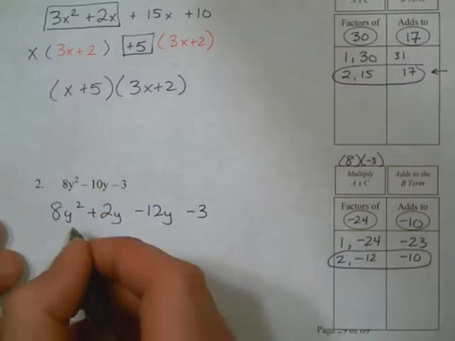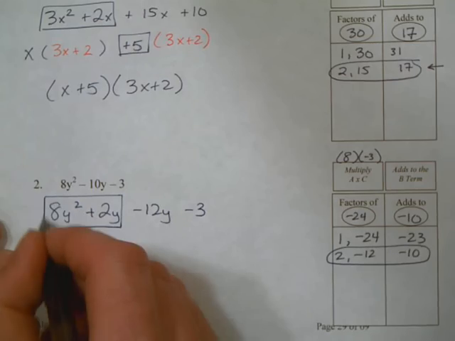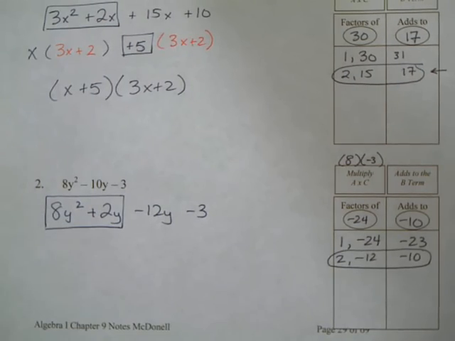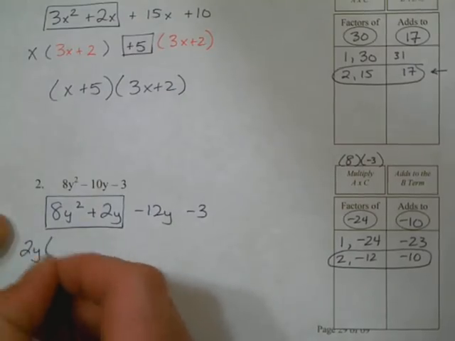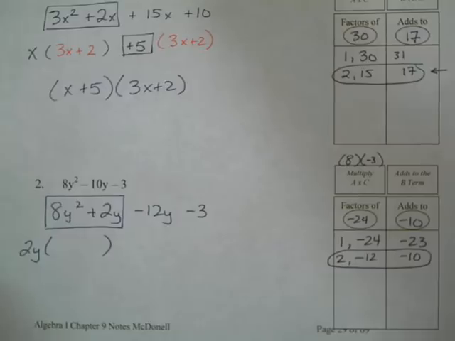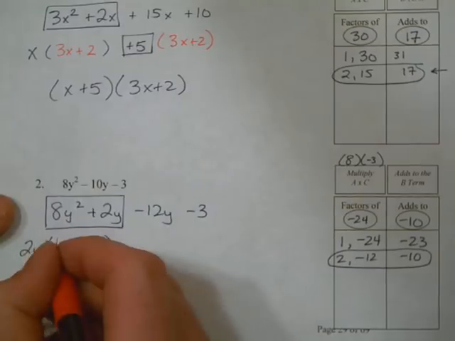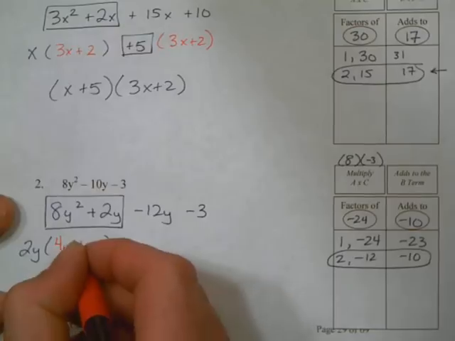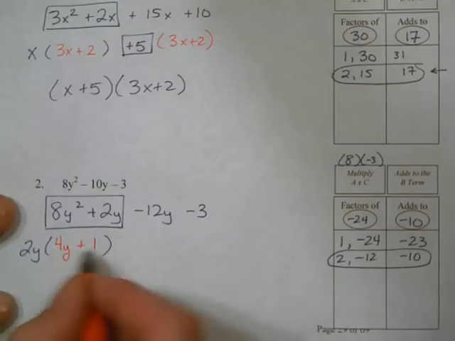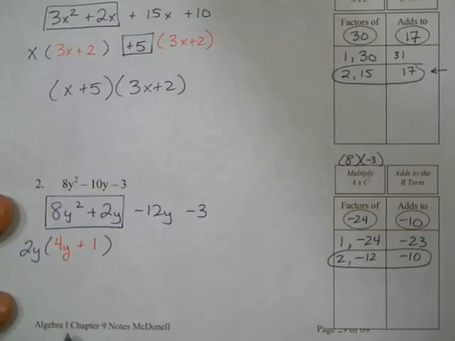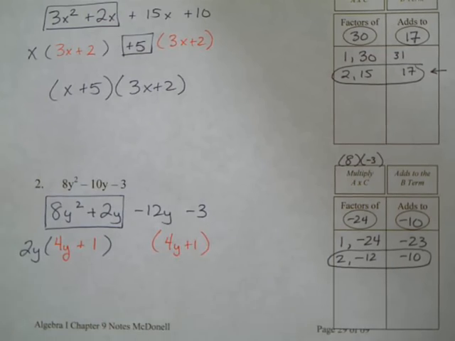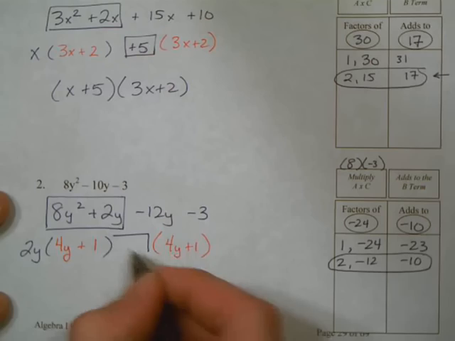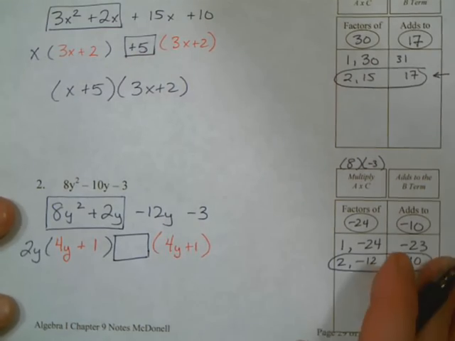Let's break up our 10y into 2y and negative 12y. Once again, we focus on our first two. What's the GCF of those? Well, now for the very first time, our GCF is no longer just x. Now, it's 2y. We take a 2 out of both of them. When we do that, what's left is 4y plus 1, because 1 times 2y is 2y.